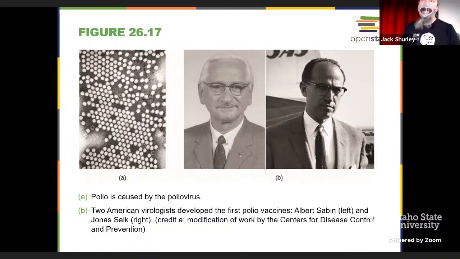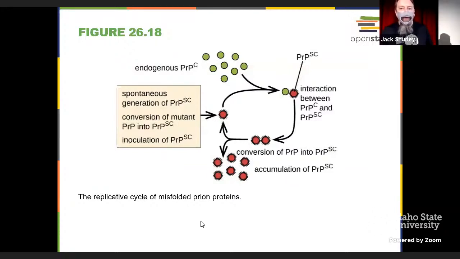It does not have the capacity to cause disease. So the thoughts of mutation and making it virulent are not an option. So the Salk vaccine is the one that, at least in the United States, is now the standard.